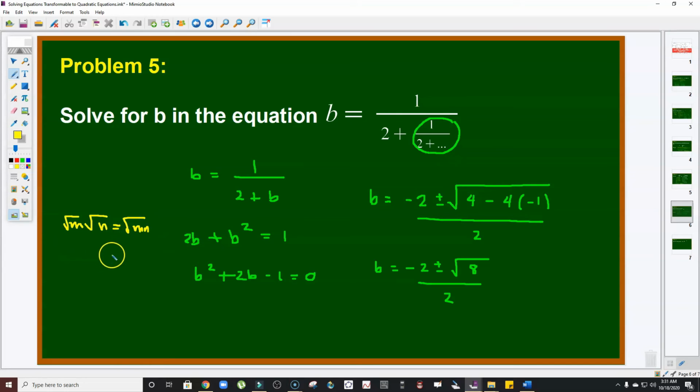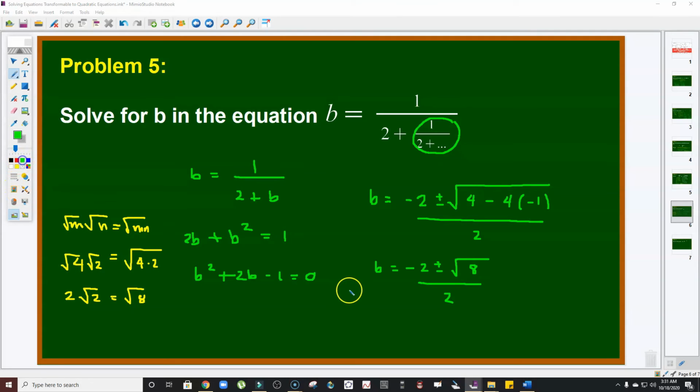So, what does that mean? The square root of 8 means the square root of 4 times 2. So, I can break it down like this: square root of 4 times square root of 2. And we know the square root of 4 is 2. The square root of 2, you cannot simplify. So, the square root of 8 is the same as 2 square root of 2.